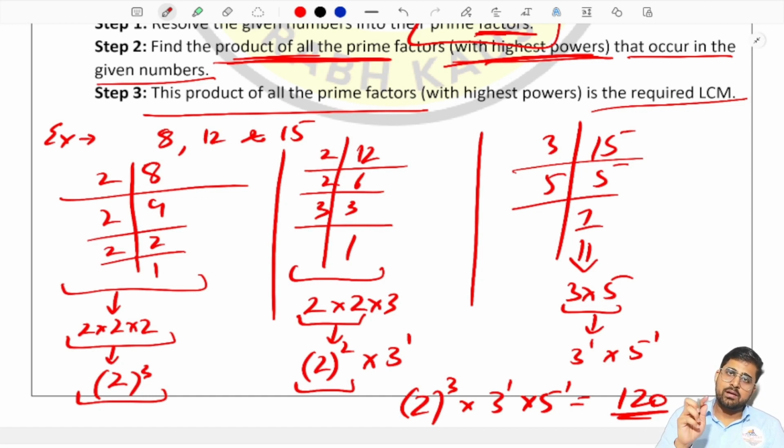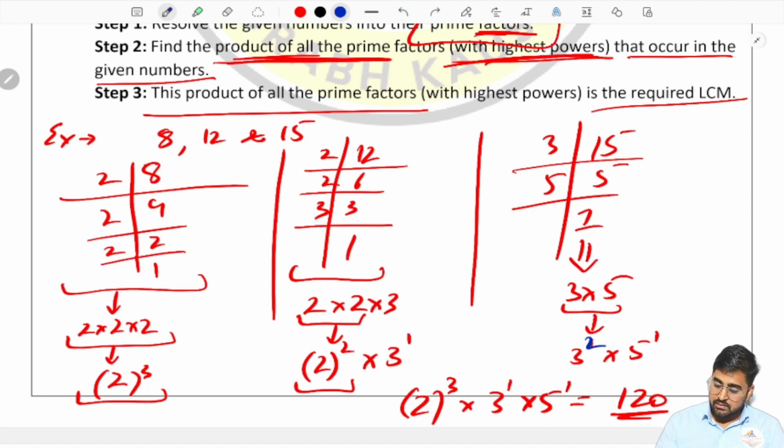But that is with power 1, if there is no commonality between them. For example, if it is 3 to the power 2 here, then we will take 3 to the power 2. And again, if there is power 2 here and power 5 there, then we will take the power 5 here. Okay.